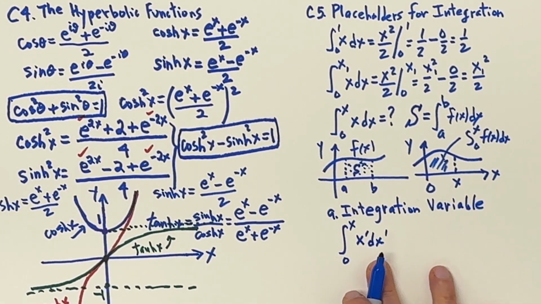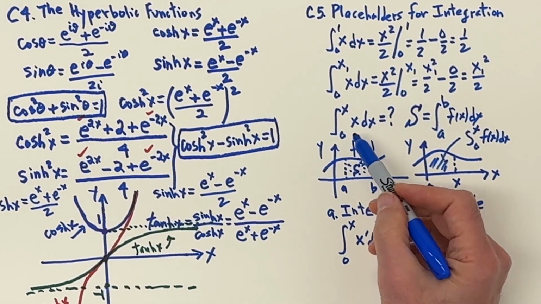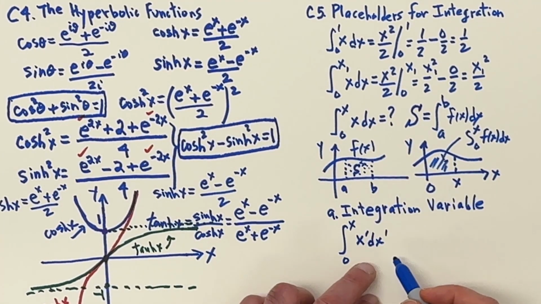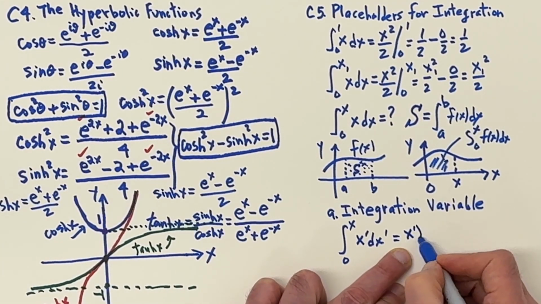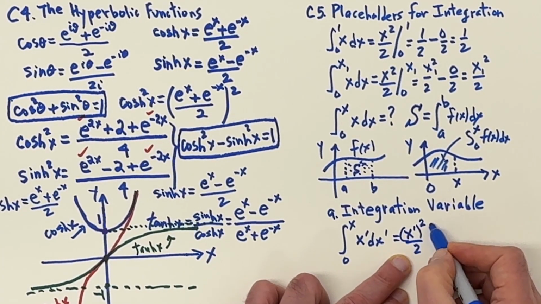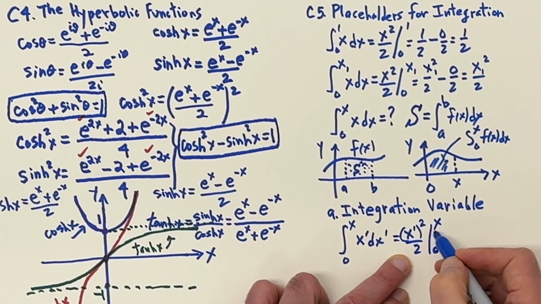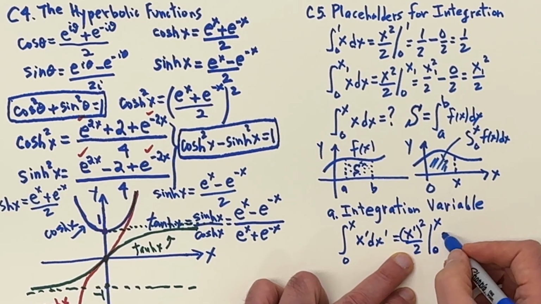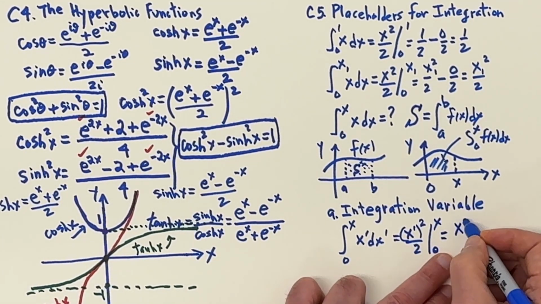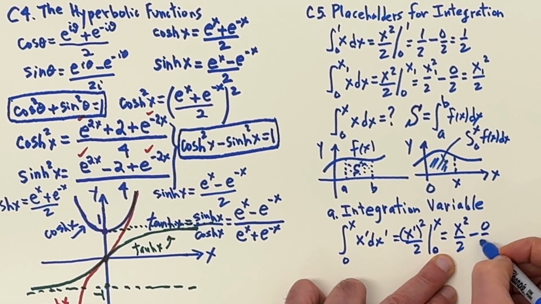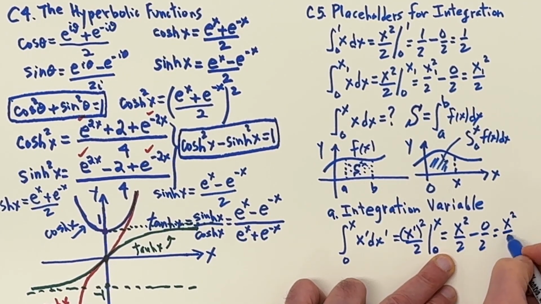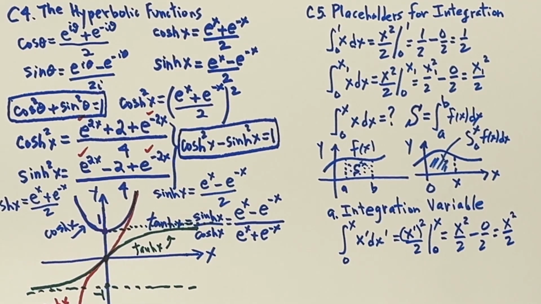So now it's not confusing where there's x in both places. You have x prime, then you have x. So you integrate this, you would get x prime squared over 2, and from 0 to x is a different variable, a different thing. So you would have x squared over 2 minus 0 over 2, and you would have x squared over 2. Okay, all looks good.